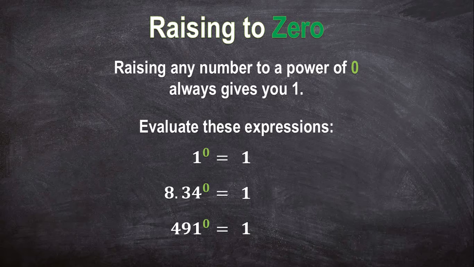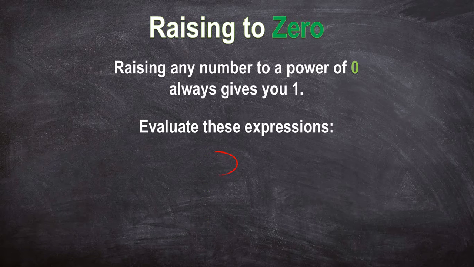And the same goes for negative numbers as well. If you take negative 12 and raise it to the 0th power, what do you think you get? And while you are at it, try evaluating 12 to the 0th with the negative sign in front. This expression up here says you are raising a negative number to the 0th power, while this one says you have 12 to the 0th and then you are making it negative.